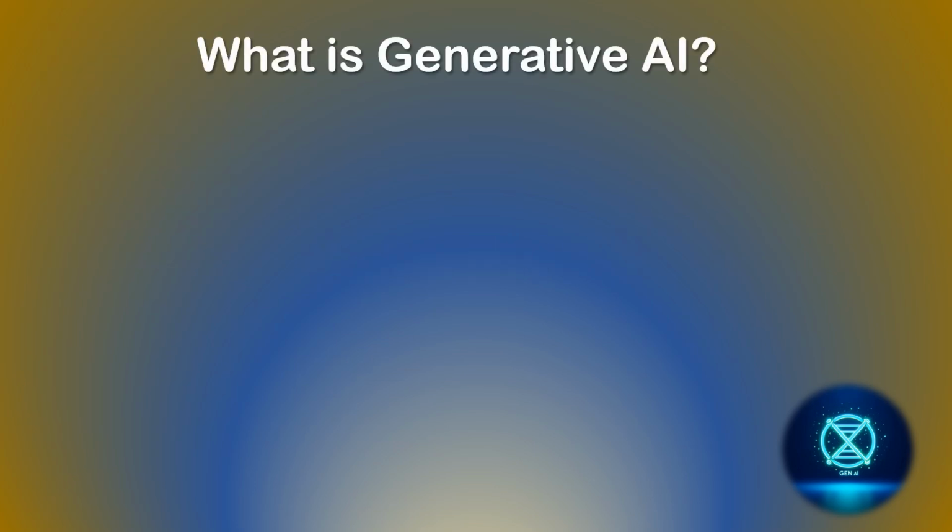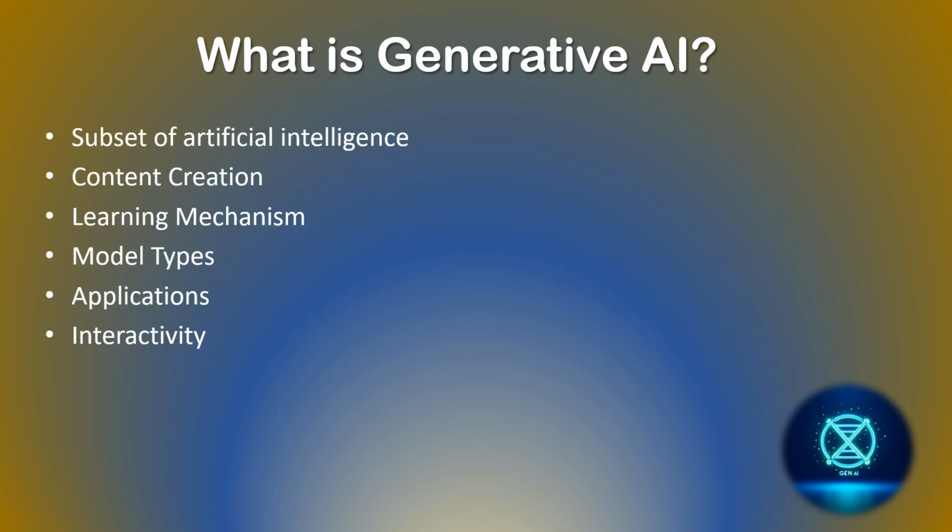Okay, so let's see what is generative AI. Hope everybody knows what artificial intelligence is and what AI is doing. So basically, generative AI refers to a subset of artificial intelligence that focuses mainly on generating or creating new content by learning from existing data.